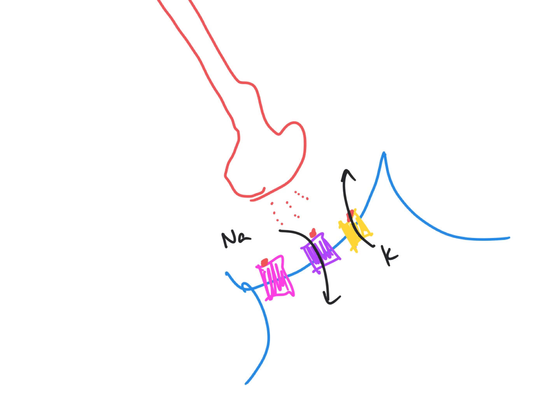Which way is the chlorine ion going to move? In. All right, so sodium's a positive ion. Potassium's a positive ion. Chlorine is a negative ion. What does this have to do with anything right now? Think about the charges and the way they're moving.